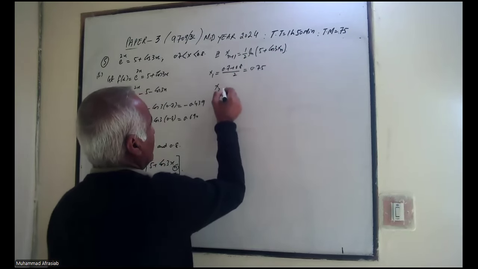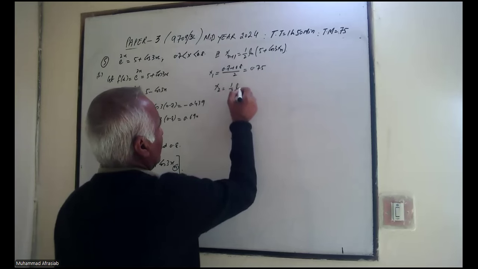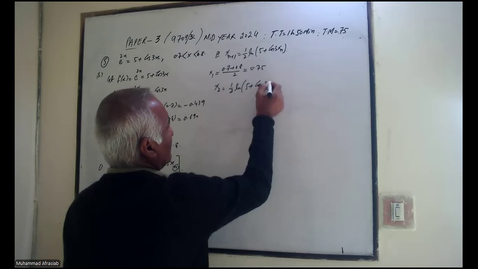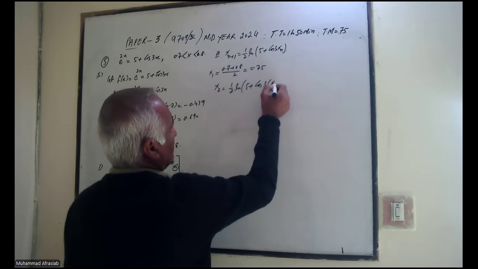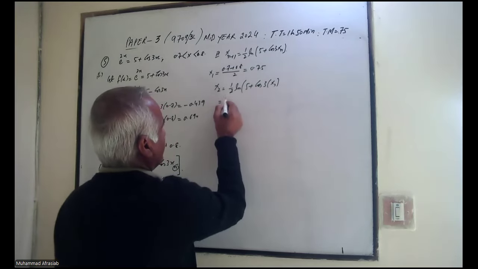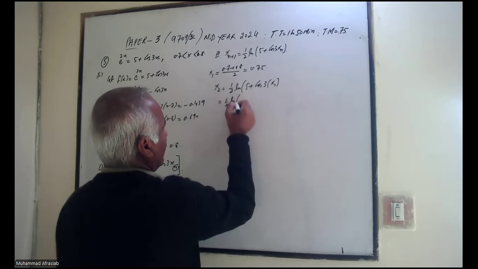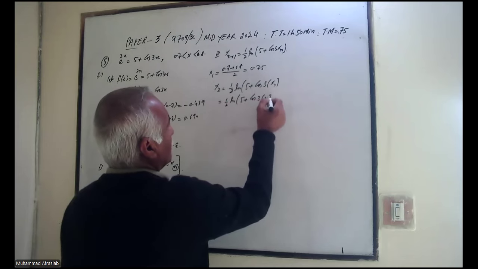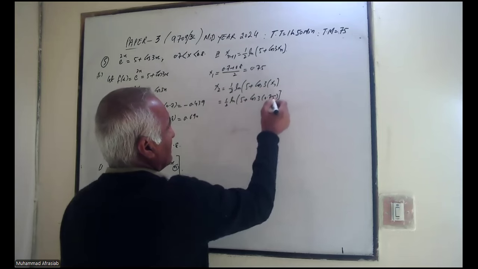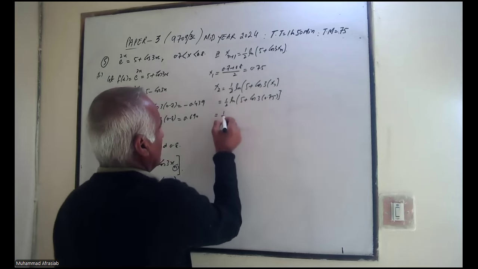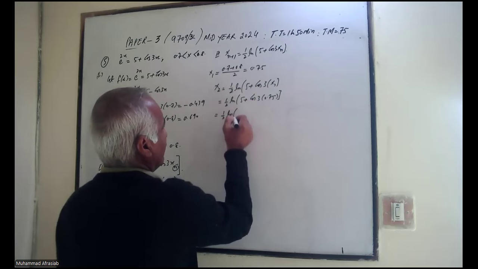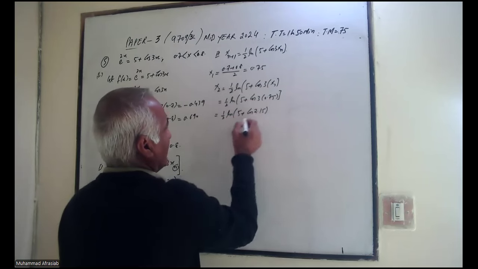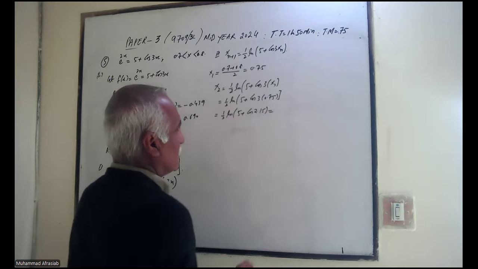So x2 will be equal to half ln of 5 plus cos of 3 into x1, which is equal to half ln of 5 plus cos of 3 into 0.75, or half ln of 5 plus cos of 2.25.